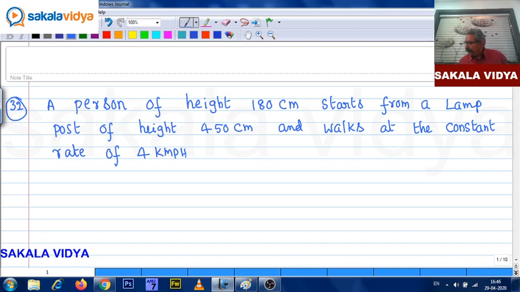Okay, 4 kmph. The rate at which his shadow increases.